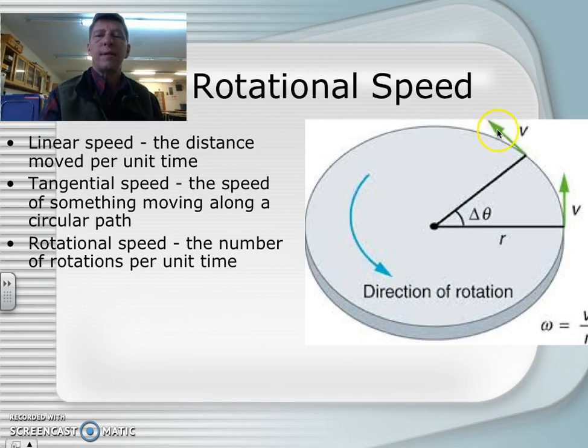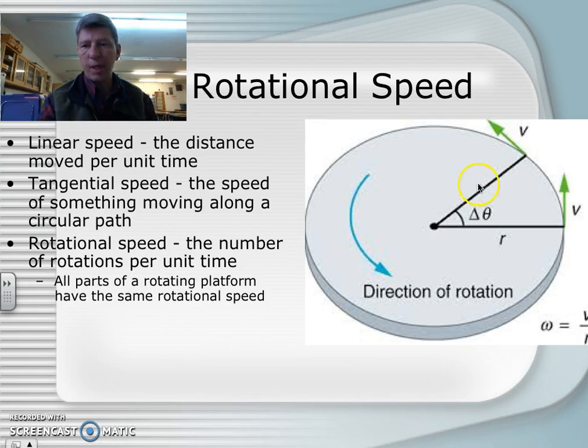The tangential speed is the actual speed of something that's traveling in a curved or circular path, measured again in miles per hour or that sort of thing. And the tangential speed of an object located halfway over this disk is going to be less than the tangential speed of something traveling out here at the edge of the diameter.